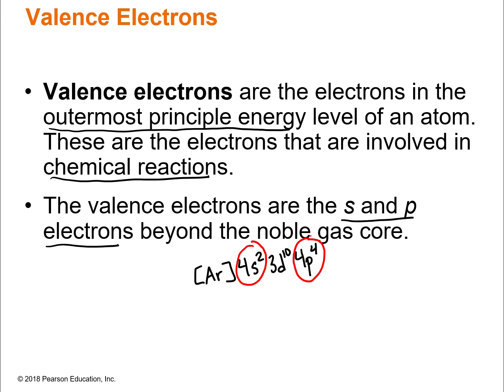And we're only looking at the s and the p electrons for the valence electrons. So here we have a total of 6 valence electrons. Does that concept make sense of what valence electrons are?